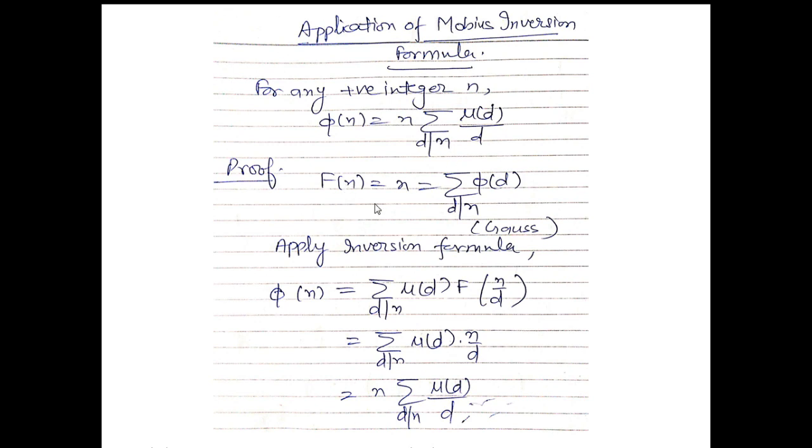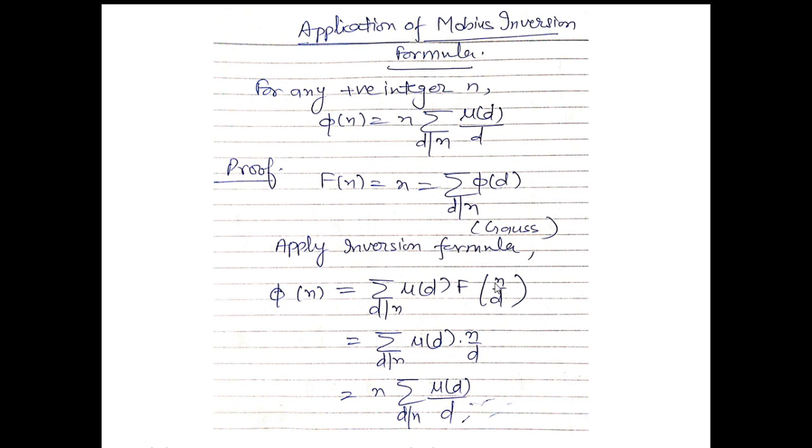So F(n) is equal to n is equal to the summation of phi d, this number theoretic function we defined in the Gauss theorem. So apply the inversion formula here. If F(n) is this, then the inversion formula says that we can find the value of phi in terms of mu and capital F. So by the inversion formula, phi of n is equal to the summation of mu d F of n by d.